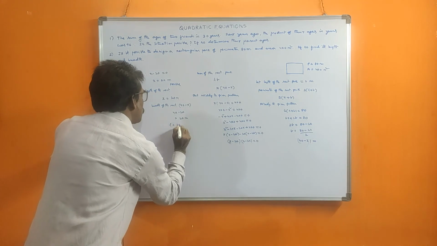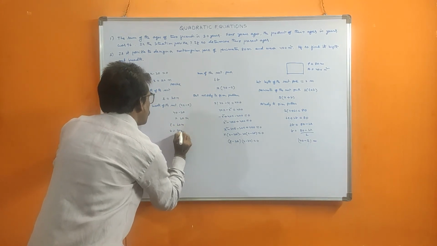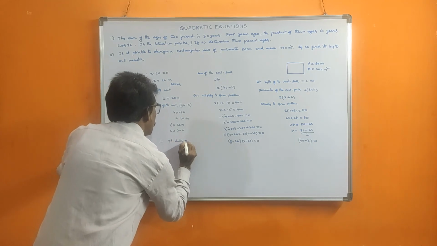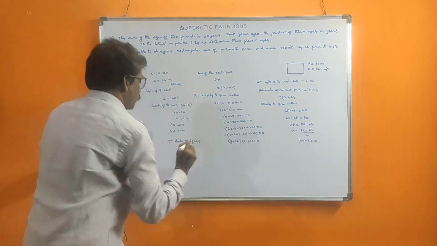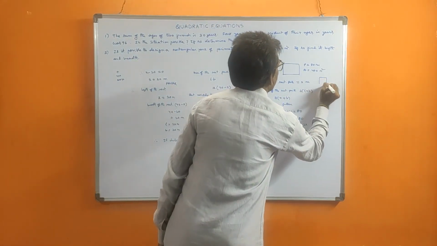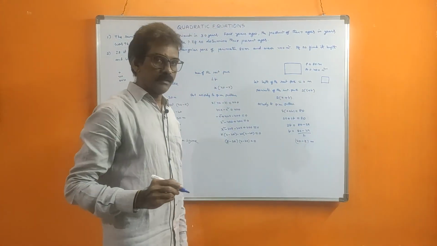So length 20 meters, breadth 20 meters, therefore it should be a square. We can construct it, but it should have equal sides, like a square.